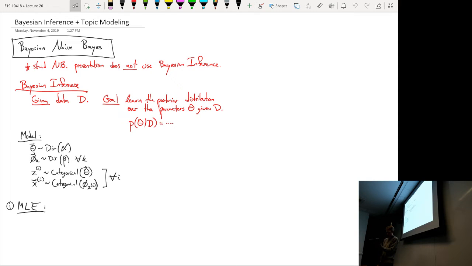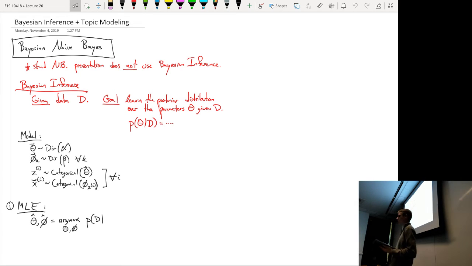So we should find theta and phi, you can put little hats on them, that are the parameters which maximize the joint likelihood of the entire data set. That would be the probability of the data given theta and phi. And if I asked you to, you would be able to write out that distribution over the data given the assumptions of the naive Bayes model.